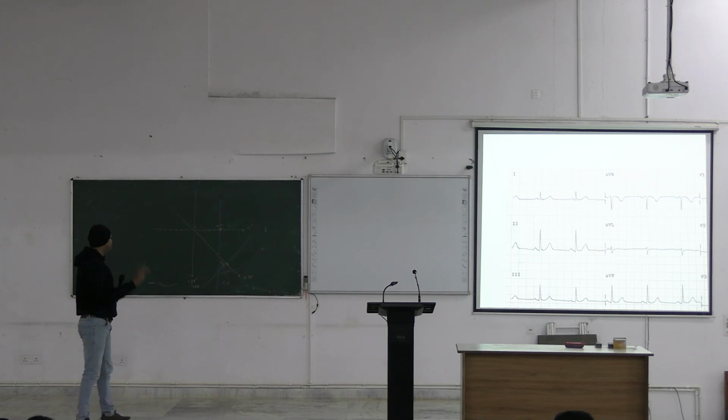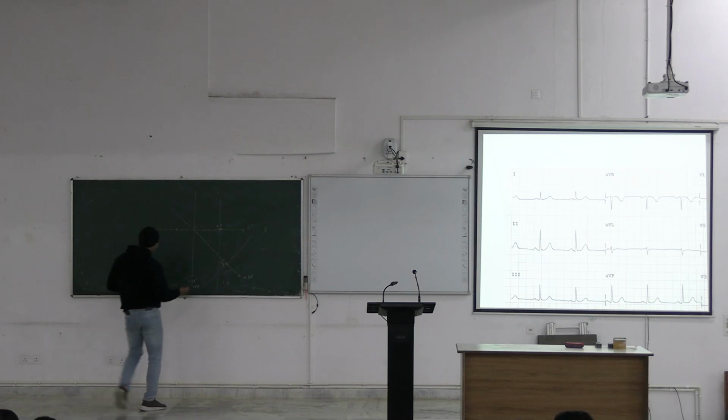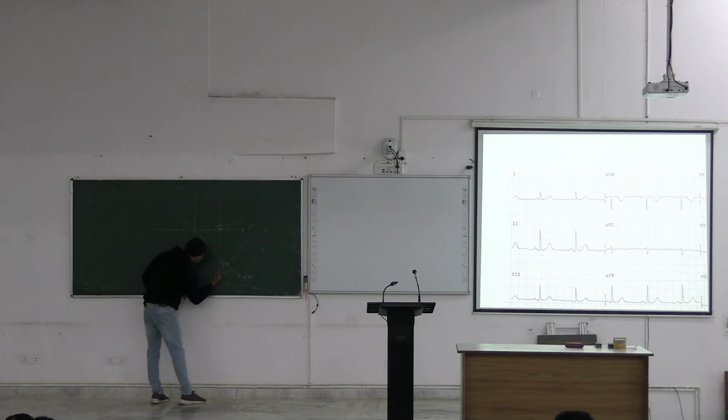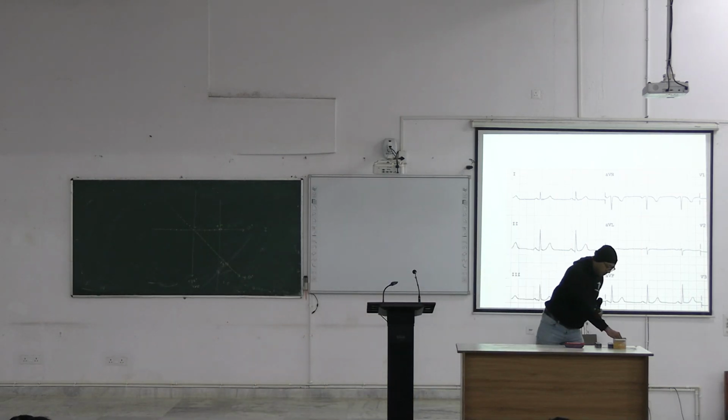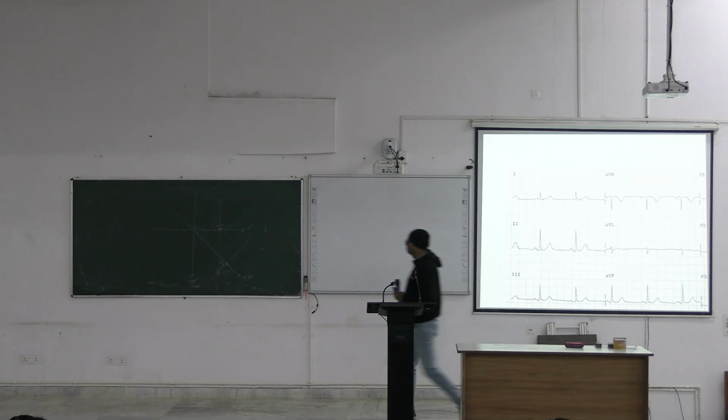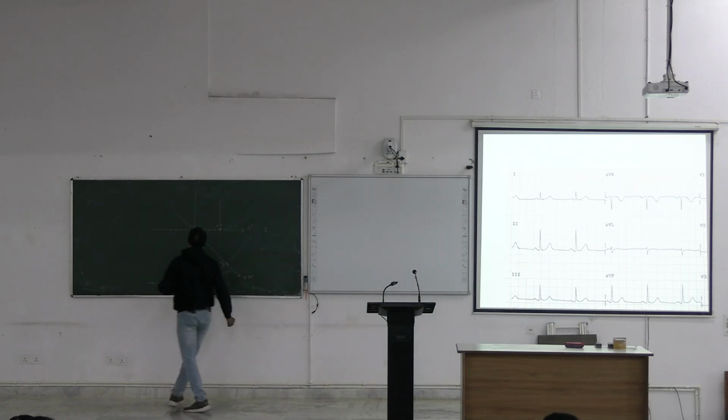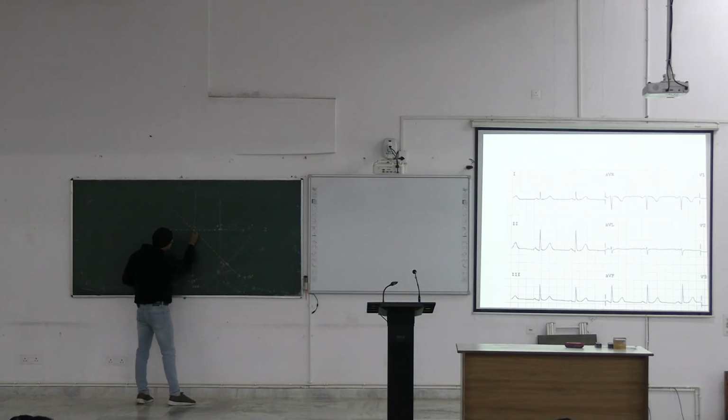Okay. Now, these two verticals will intersect at a point. So, here is this point. Clear? Now, I have to connect the central point with this.